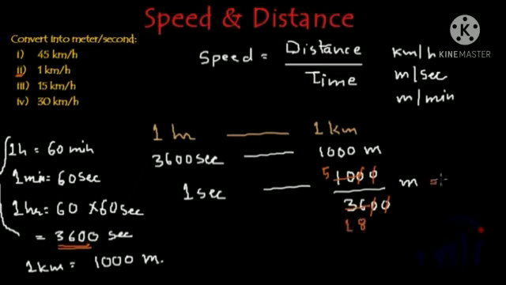Therefore, 5 by 18 meters are covered in 1 second. That means speed is 5 by 18 meters per second. This is equal to 1 kilometer per hour.